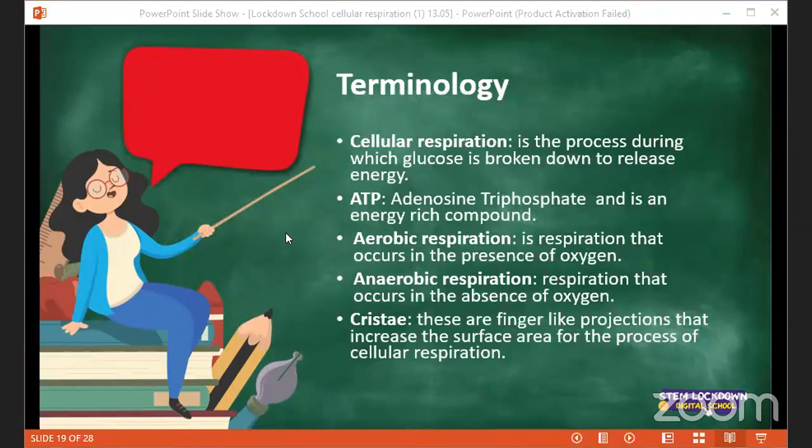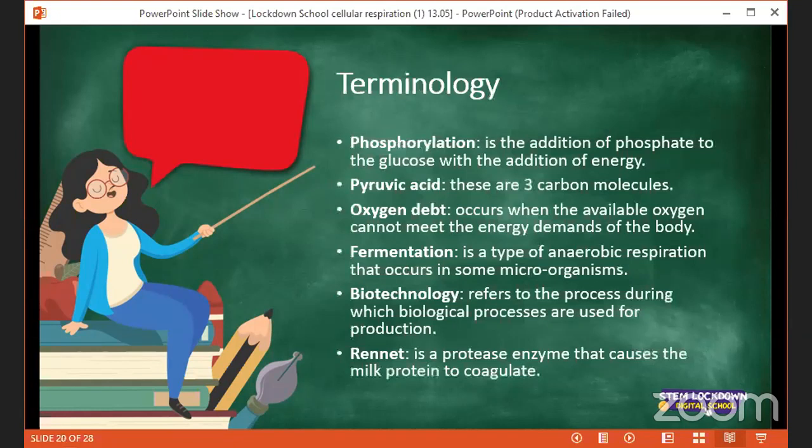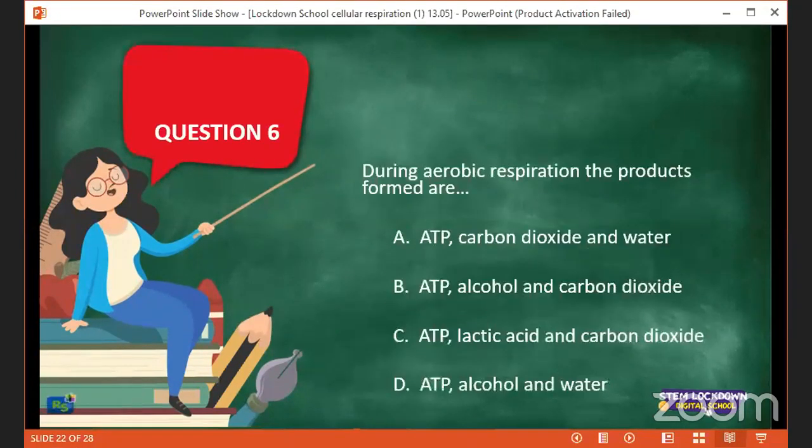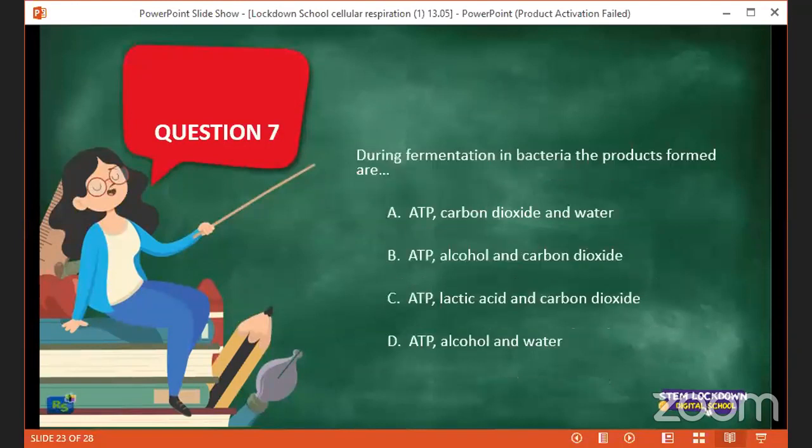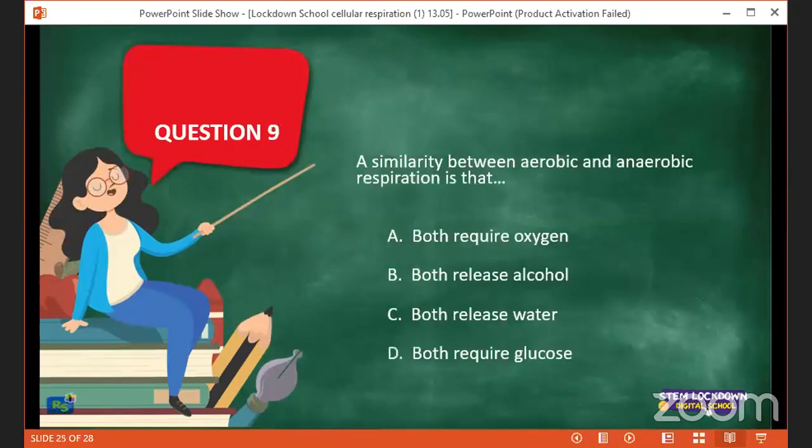Okay, we just have 1 minute. I think we'll go through the terminology and all the questions tomorrow, because time is not on our side.